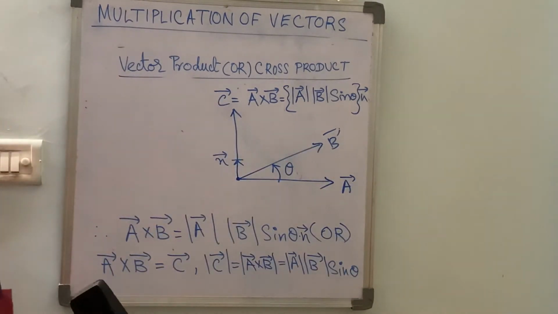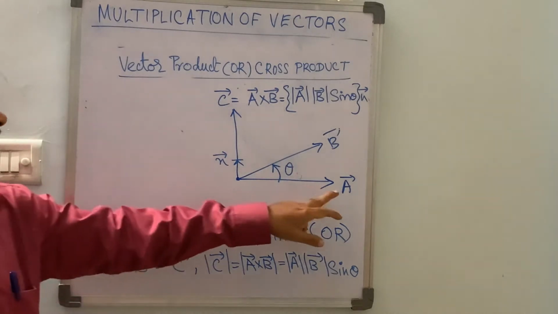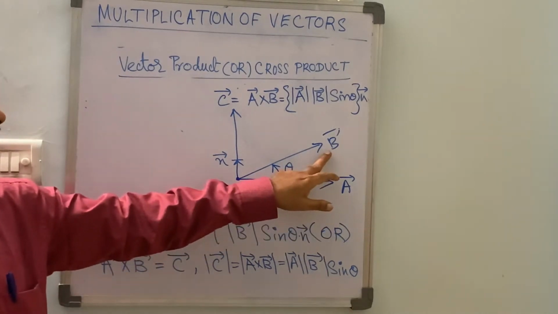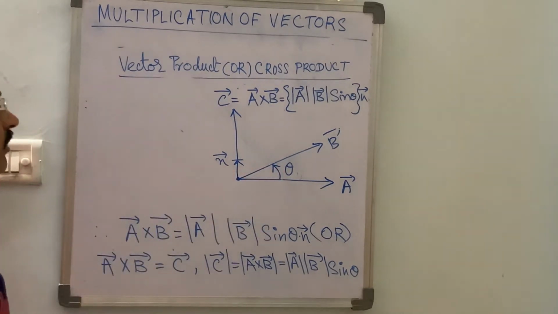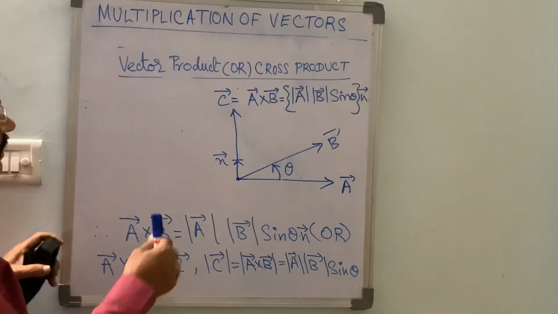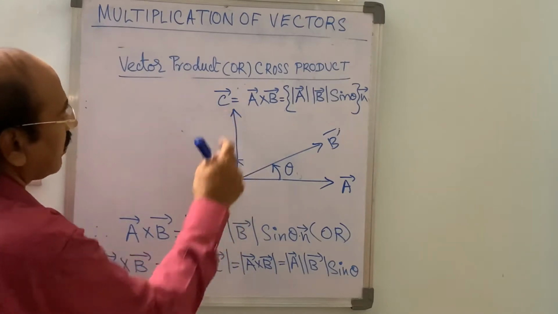So if two vectors a bar and b bar are inclined at an angle theta with each other, then the resultant is another vector.